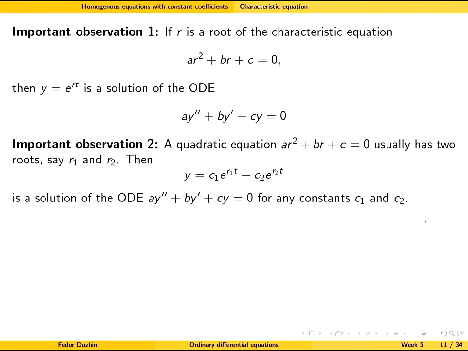Well, but the characteristic equation is a quadratic equation, and usually it has two roots. And if these two roots are real numbers, then what we have constructed is two solutions of the linear differential equation, in this exponential form.